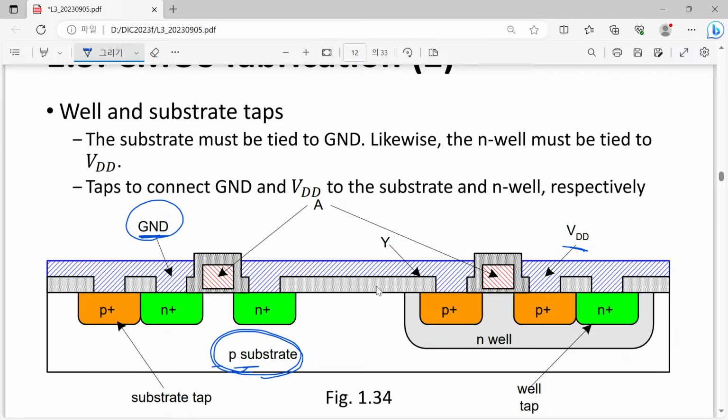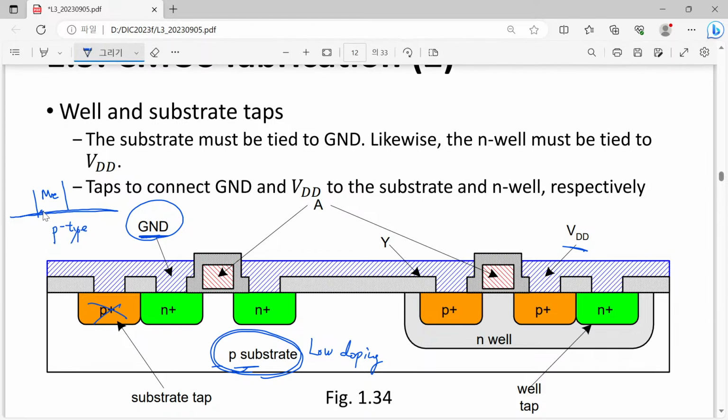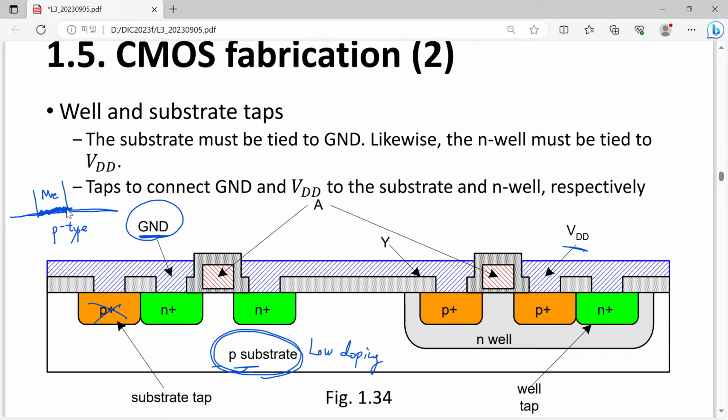Usually this p-type substrate has a relatively low doping density. So if we don't have this substrate tap, and we just make a simple structure like this, metal and our p-type substrate, then the interface between metal and our lightly doped p-type substrate does not provide good conductivity.